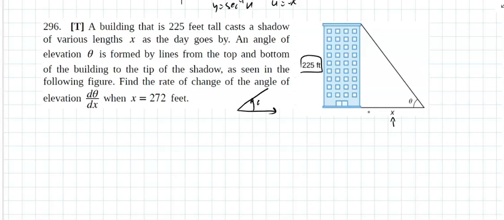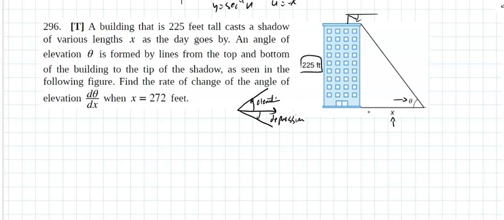Angle of depression is when I'm looking straight and I have to look down. So if I'm standing at the top of the building, I have to look down. That would be the angle of depression. You need to know those. And if I'm standing on the floor, looking at the top of the building, that's the angle of elevation.